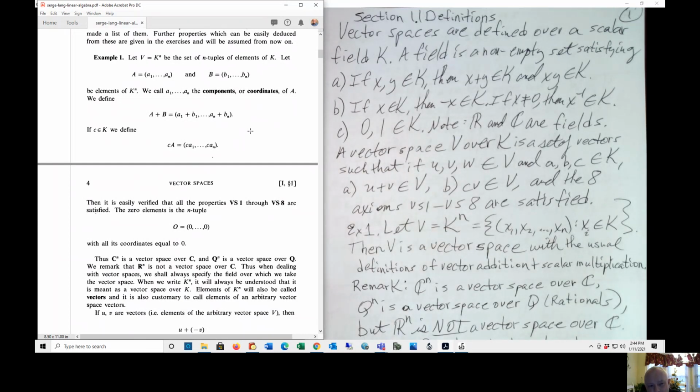And we know the normal definition of a vector in Rn, or here now Kn.